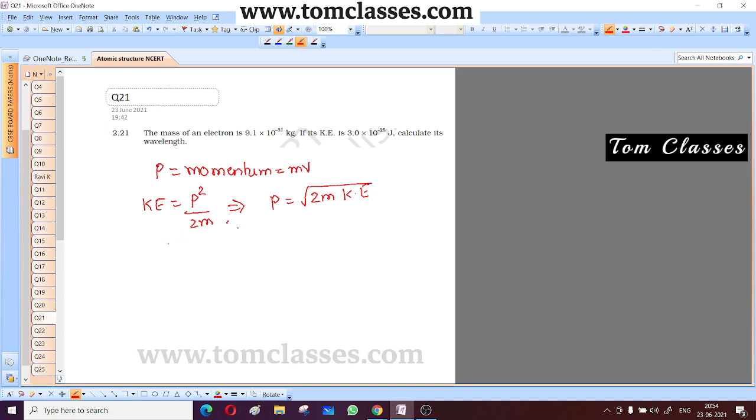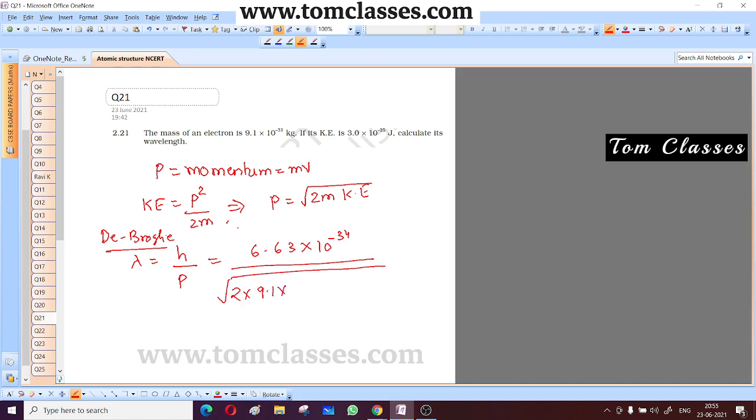So if that is the momentum and that is the kinetic energy, then the wavelength lambda is equal to h by p, right? That is what we know from the de Broglie equation. So this is 6.63 × 10^-34 divided by the square root of 2 times the mass of the electron, 10^-31, multiplied with the kinetic energy, 3 × 10^-25 joules, right?